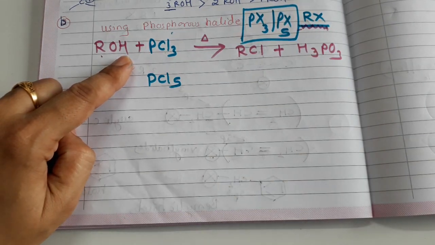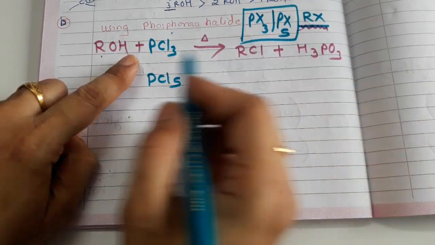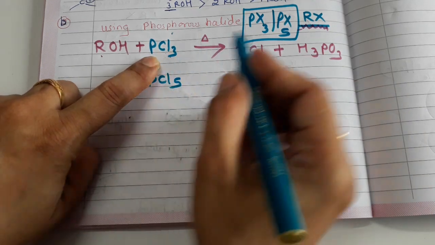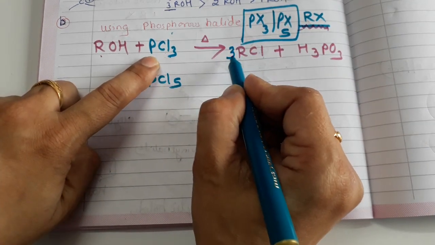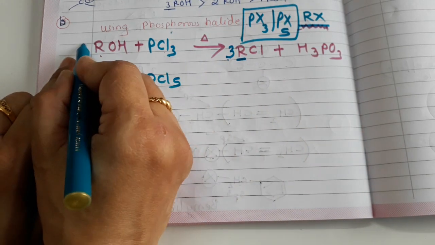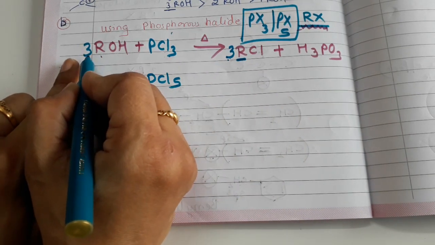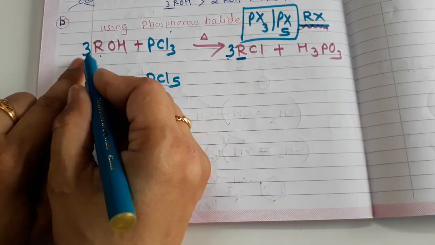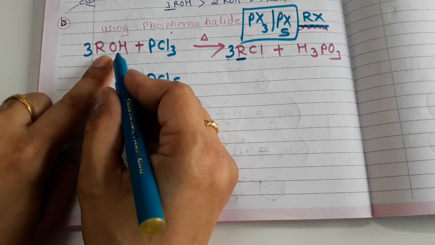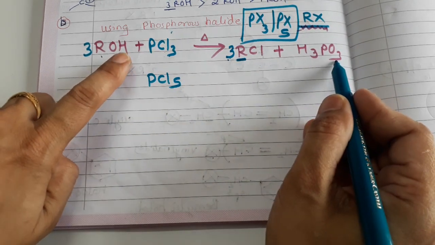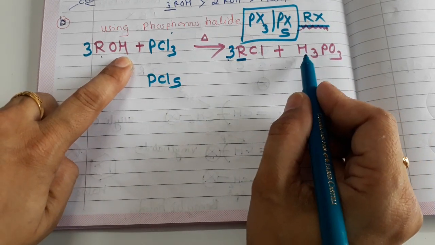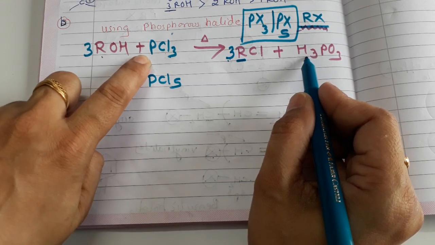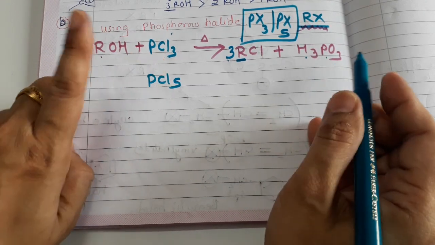Now let us balance this. How many chlorine atoms are there? 3. I will write here 3. Okay, how many are there? 3. I will write here 3 and just check the reaction is balanced. 3R, 3R, 3 oxygen atoms, 3 hydrogen, 3 hydrogen, phosphorus is 1 and chlorine is 3.